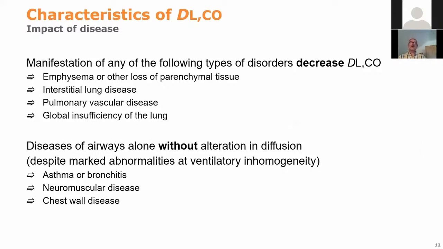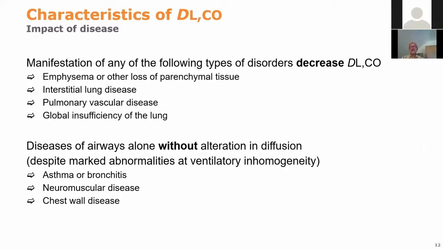That's globally emphysema or the loss of parenchymal tissue, interstitial lung disease, pulmonary vascular disease, global insufficiency of the lung, and this is very often the cause why diffusion testing is used, because it is very sensitive to starting, initiating diseases of the lung, and it gives global information about the situation of the lung.